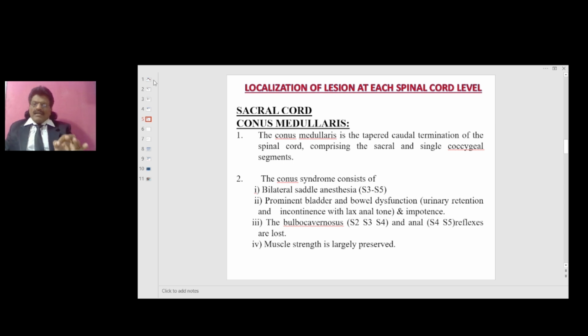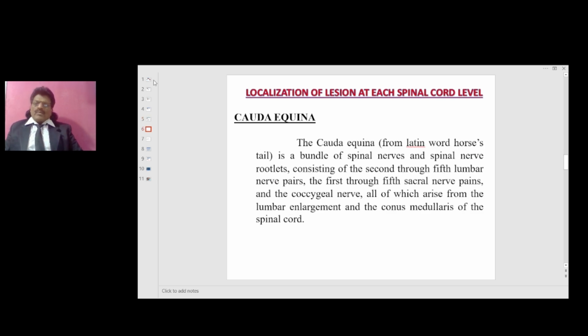There is a prominent bladder and bowel dysfunction, that is urinary retention and incontinence with a lax anal tone, and impotence. The bulbocavernous reflex, that is S2, S3, S4, and the anal reflex S4, S5 are lost, but muscle strength is largely preserved.